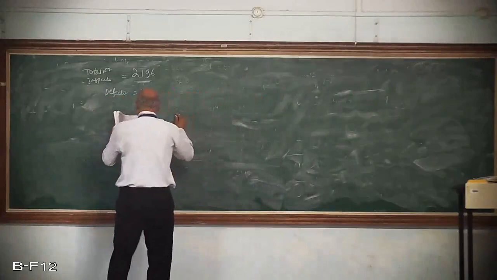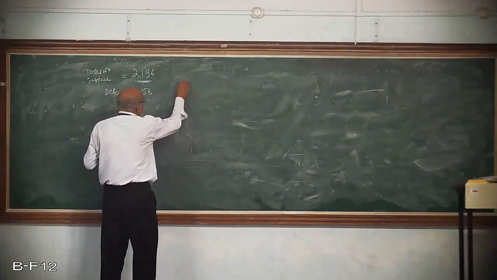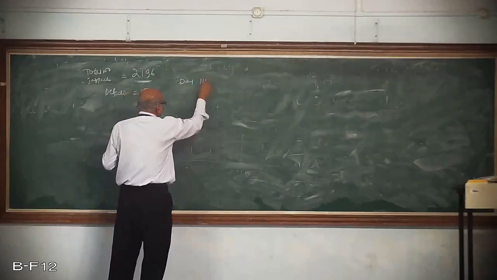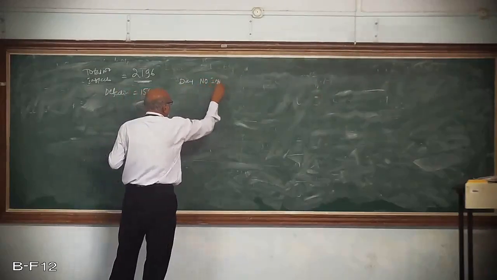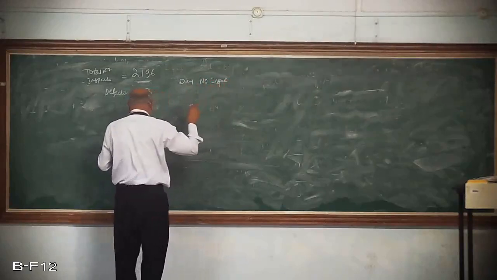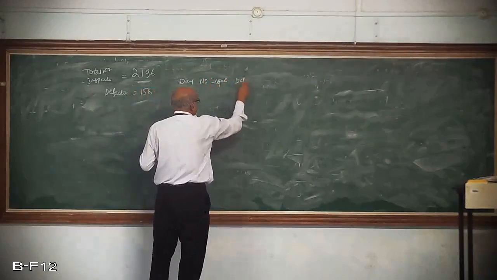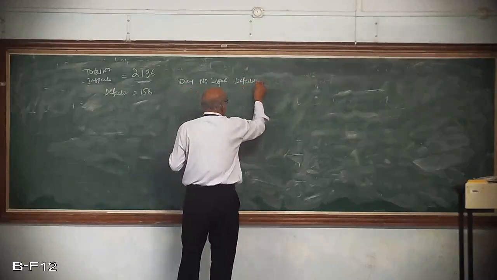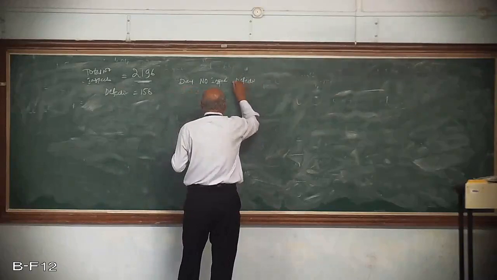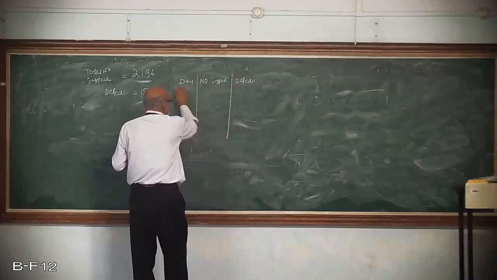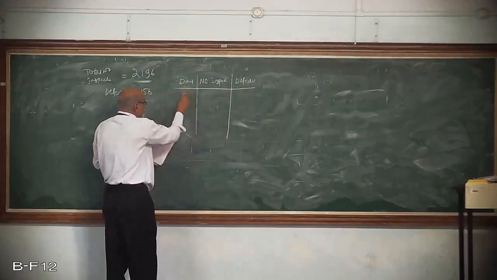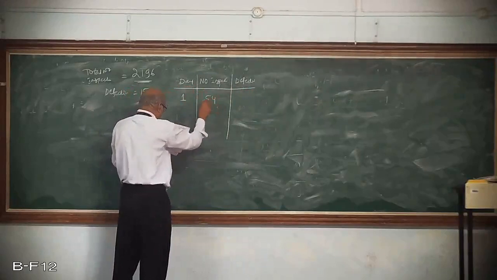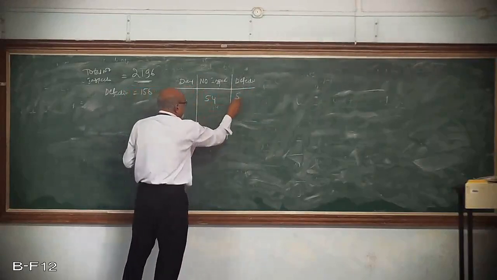What are those relevant pieces of information? Let us see. Day, number inspected, defectives, fraction defective. On day 1, 54 pieces were inspected, and out of 54, 8 were defectives.